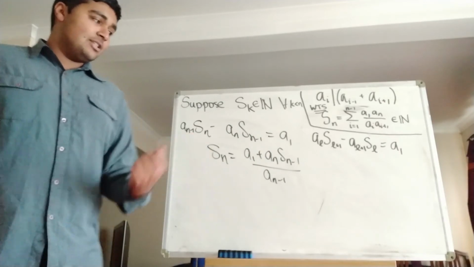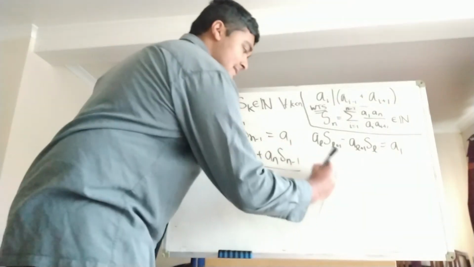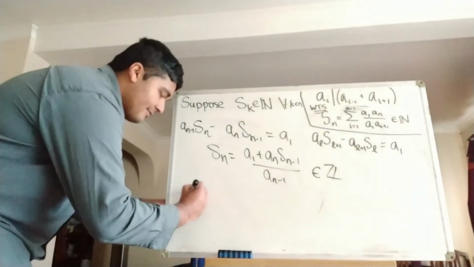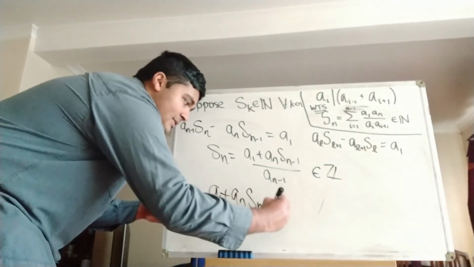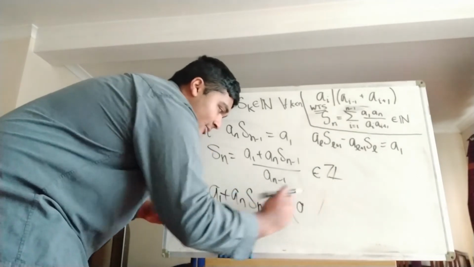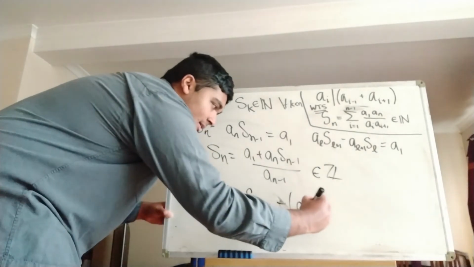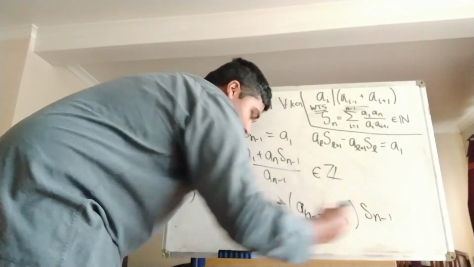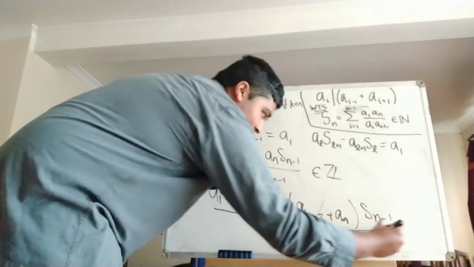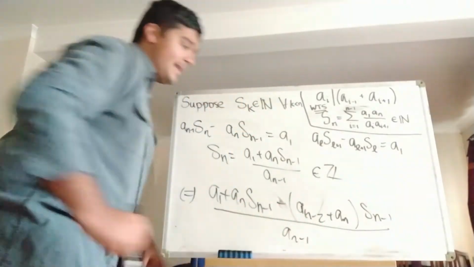But this is an integer if and only if this guy here is an integer. Let me just write it down: A_1 minus (A_{n-2} plus A_n) S_{n-1}, all divided by A_{n-1}. Now why do I claim that this is true?